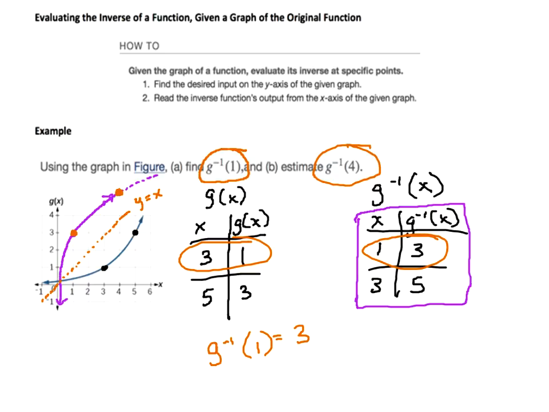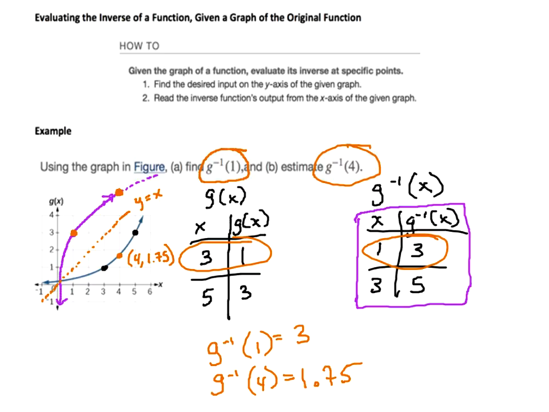It looks like for the g function, when I plug 4 in, I get out about 1.75. So what that means is for g inverse, when I plug in 4, I know I'm going to be getting out 1.75 or thereabouts.